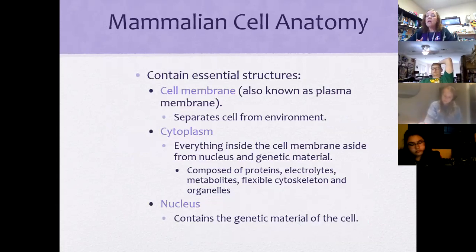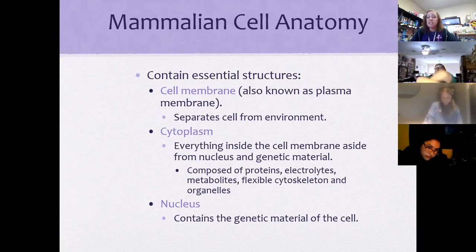All right, so every cell has the same basic essential anatomy. We have the cell membrane. Now, the cell membrane ultimately is what governs what comes in and out of the cell. We don't want it to be open general admission. We don't want everything having access to the inside of our cells. And so we have this cell membrane. I think of it kind of like the skin of the cell.